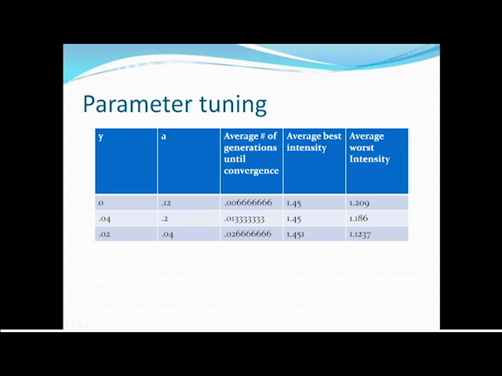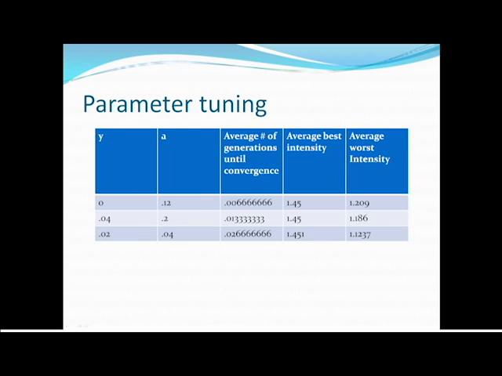We have the best number of generations, meaning the minimal number of generations, so it works the fastest. The best intensity, meaning the maximum Bhattacharyya coefficient, so with that being much higher, it's a much better graph. And we have, of course, a maximum worst intensity, so even the worst firefly is still pretty high.